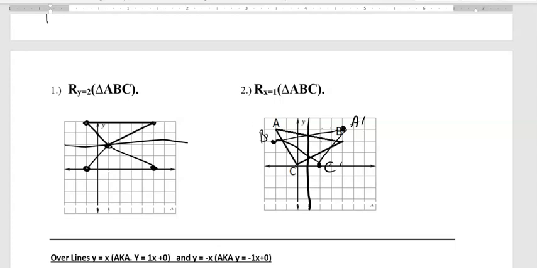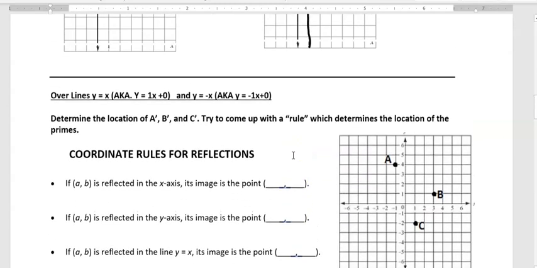Now, we have been focusing on reflecting over vertical lines or reflecting over horizontal lines. Now, this changes things up a little bit. If you have y equals a number, that is horizontal. If you have x equals a number, that is vertical. Does anybody know what y equals x looks like?